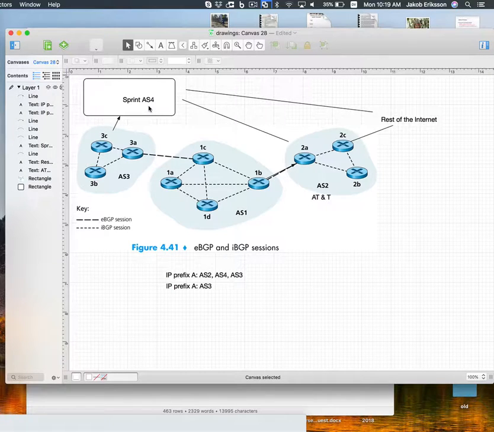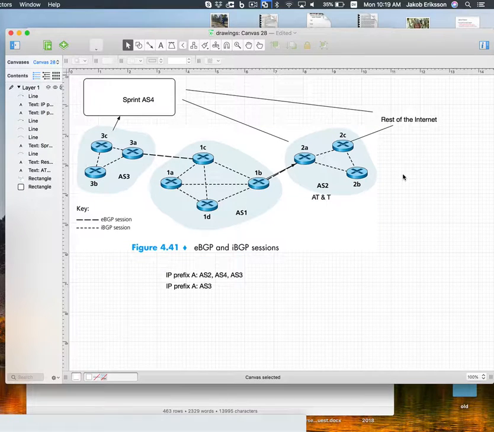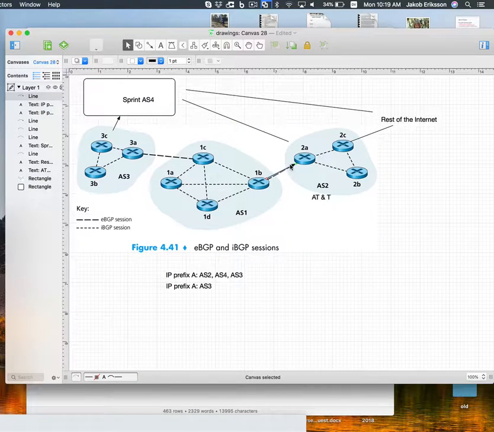So there are no provider links here. These are peer-to-peer links in the sense that they're both kind of at the same level. All right, but here AS3 is purchasing internet service from Sprint. AS1 is purchasing internet service from AT&T. And these two have a peer-to-peer link between them.